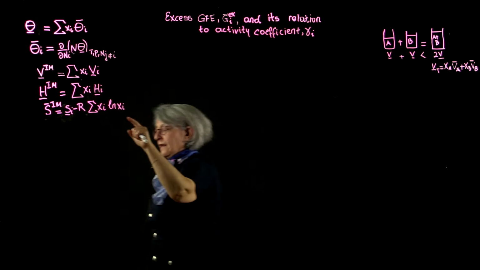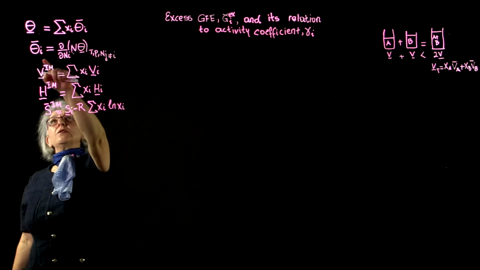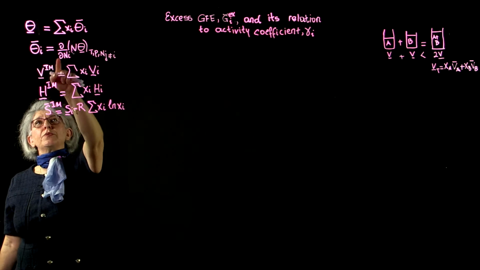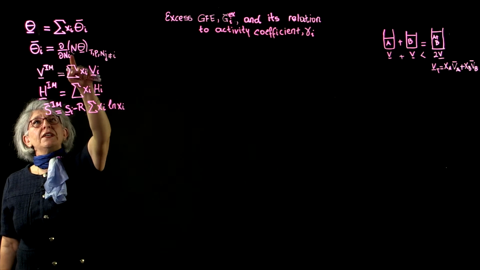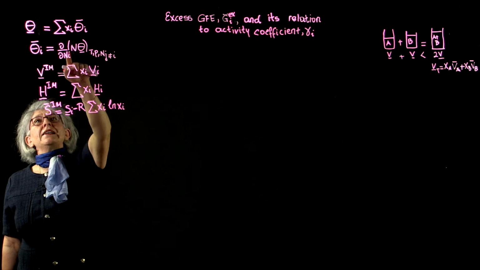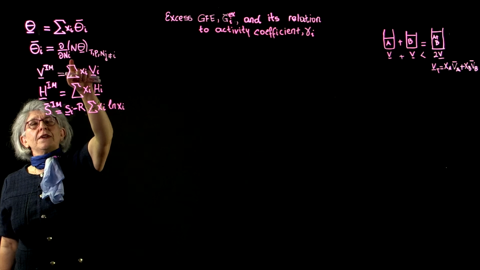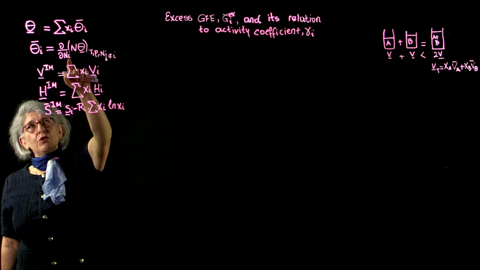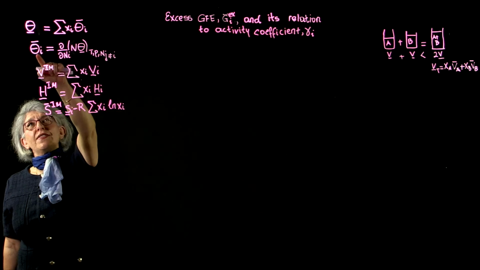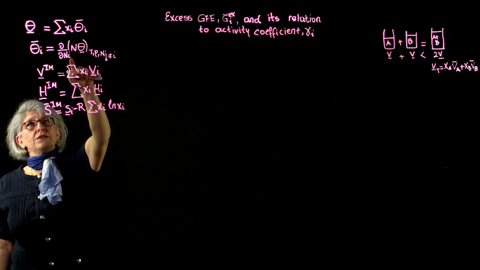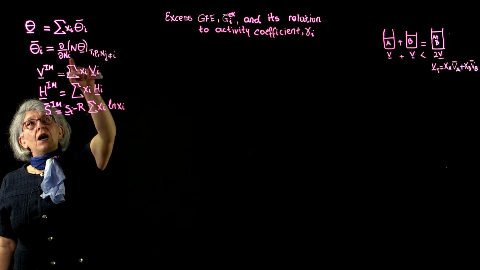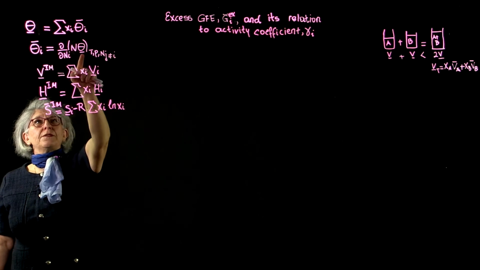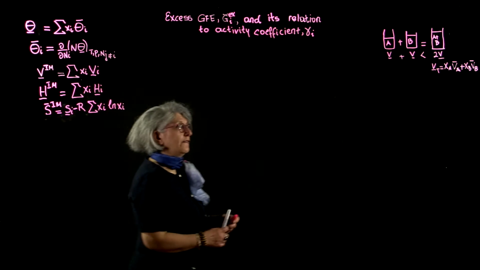And what is this partial molar property? Partial molar property, by definition, is the partial derivative with respect to the number of moles of that particular component of the total property.